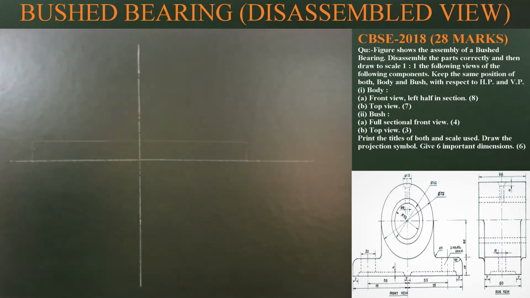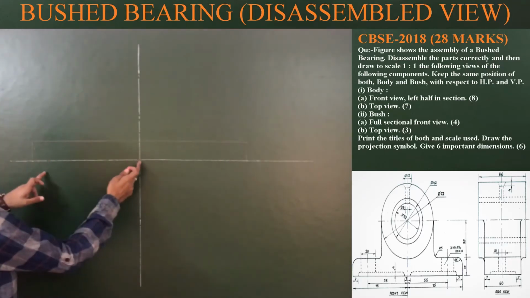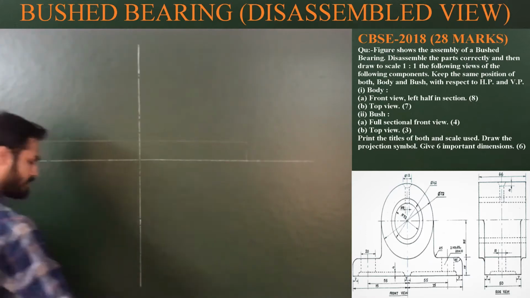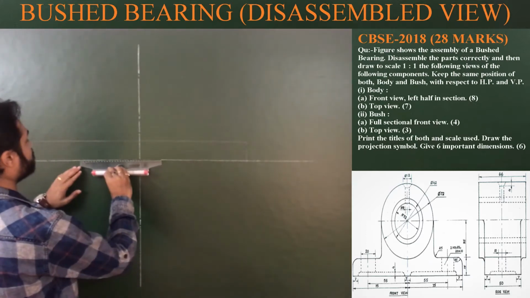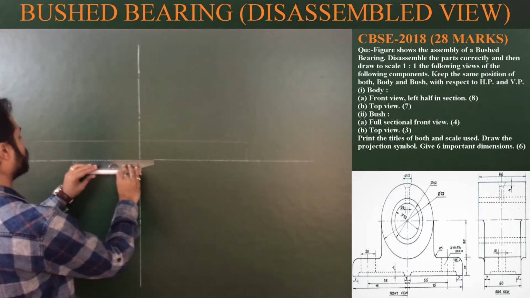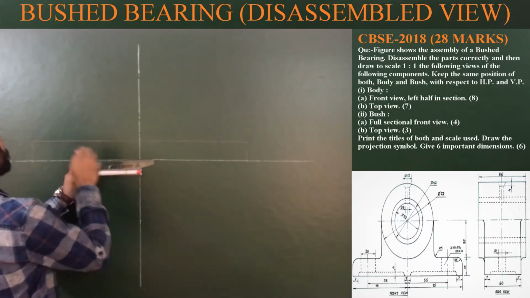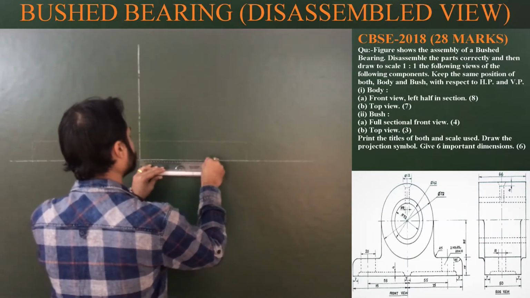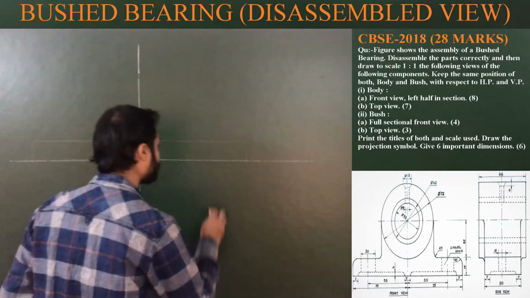Now next, from this point mark a length of 55 and 55, so 55 for the center of the bolt hole.